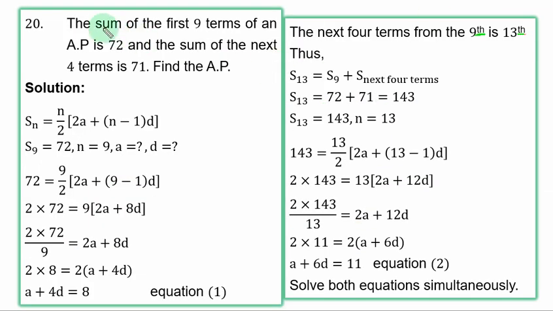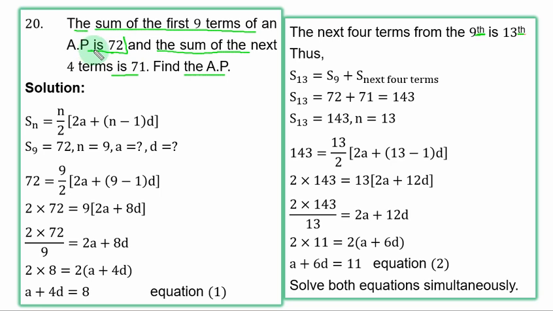Example 20. The sum of the first 9 terms of an AP is 72 and the sum of the next 4 terms is 71. Find the AP. Solution. Let's take the question and stop here first.